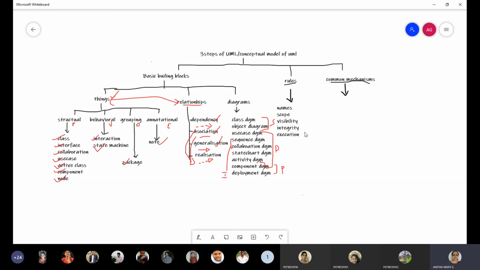Elided means certain things are hidden to simplify the view. Instead of making it very complicated, we can simplify things. So that is the meaning of elided.